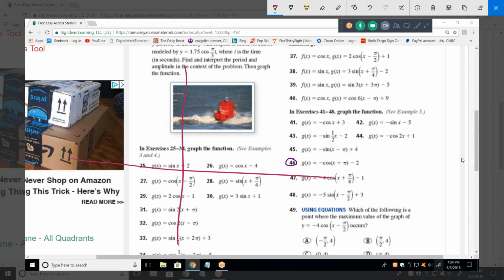I'll try to go through this a little bit faster. All right, we start with our cosine curve. I'm not going to go through labeling. I need to label some of them, that one and that one on the horizontal axis.